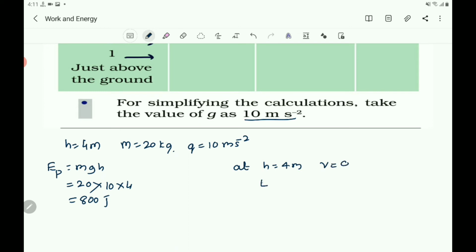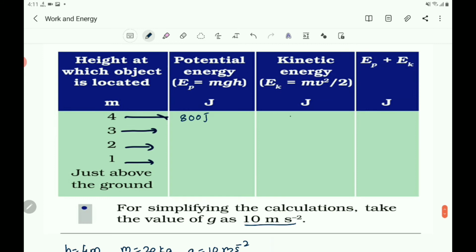Therefore, you can say that Ek is equal to half m v square, which equals half into 20 into 0 square. You will get 0. So you write 0 joule, and then you will get 800 plus 0 equals 800 joules.